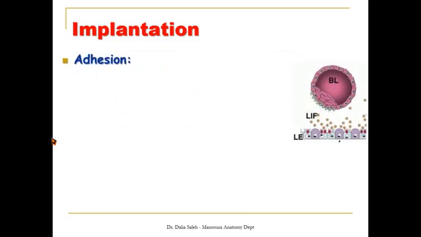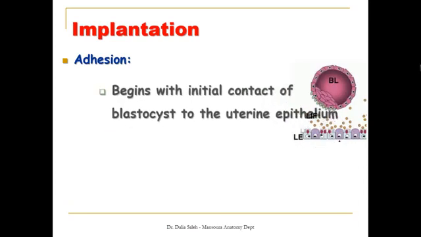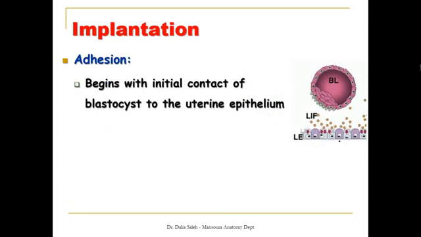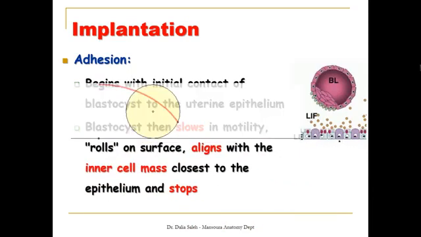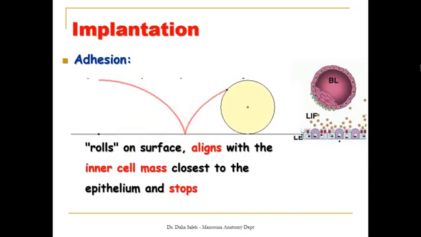First, the adhesion. Here you can see the endometrial lining of the uterus, and this is the blastula, this is the trophoblastic layer, and this is the inner cell mass, and this is the blastocyst cavity. So adhesion begins with the initial contact of the blastocyst to the endometrium. Imagine that the blastula is like a ball.